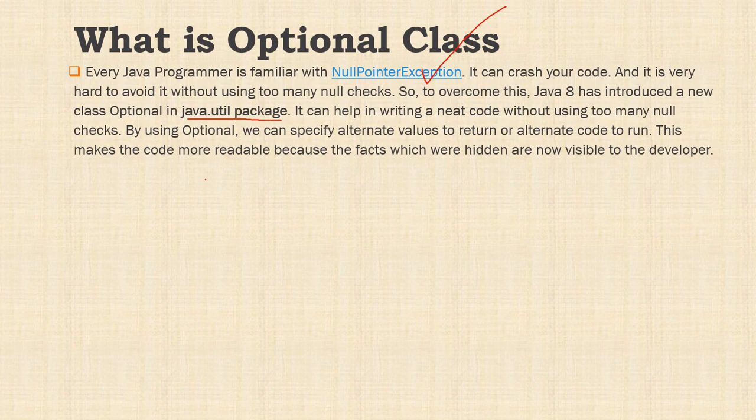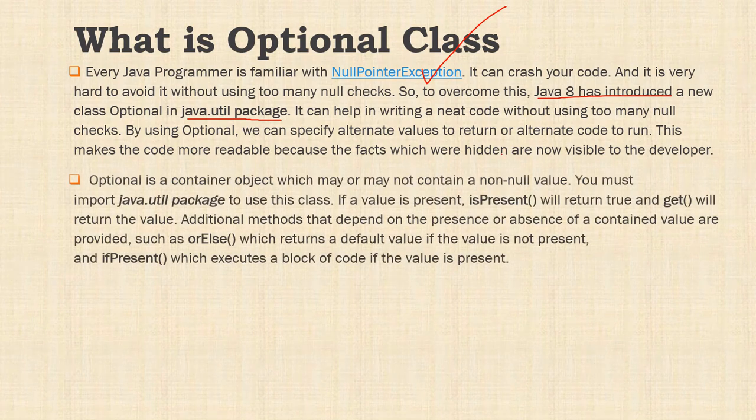This makes the code more readable because the facts which were hidden are now visible to the developer. So NullPointerException we can handle with the help of the Optional class. Because of that, Java introduced the Optional class in Java 8, which is a very important feature. So we'll see it one by one.